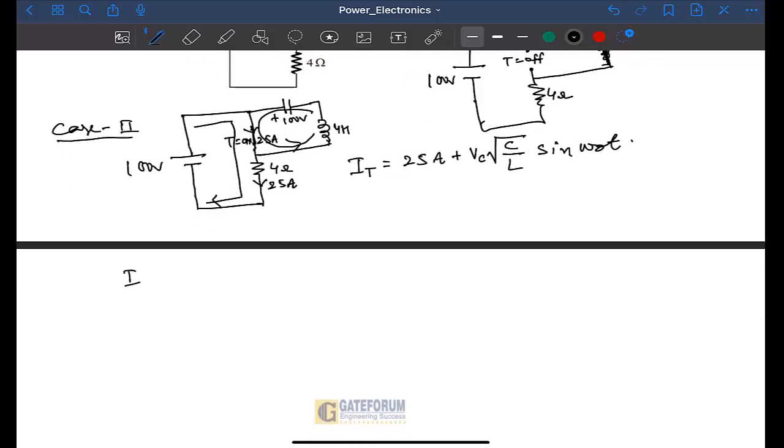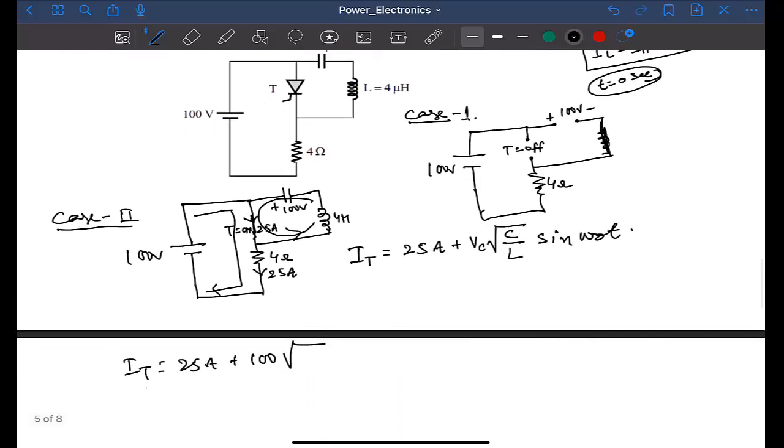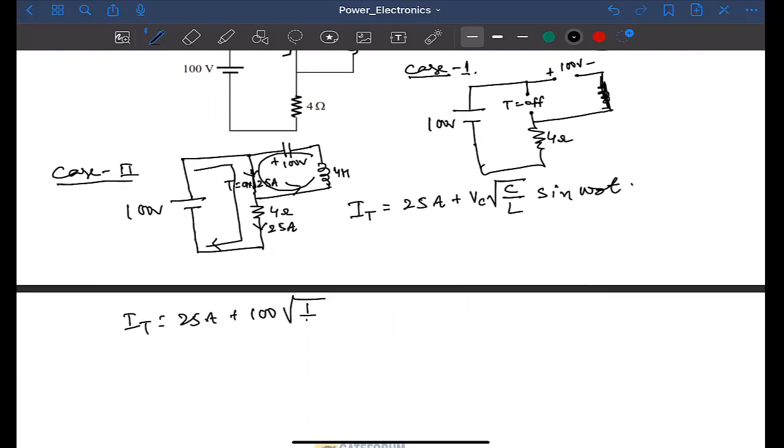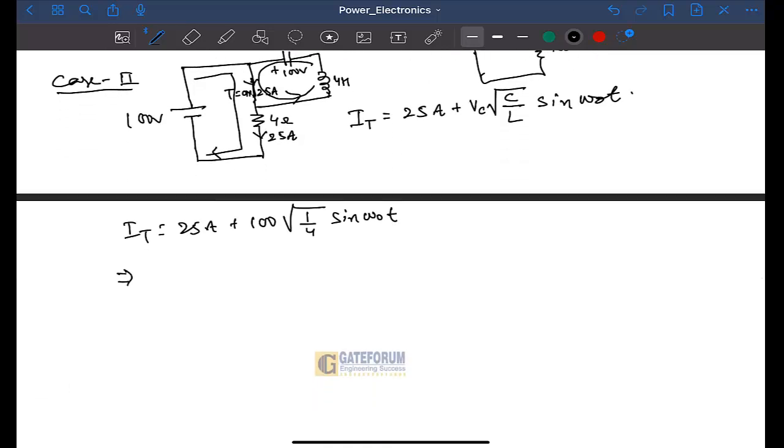So total current is 25 ampere plus VC 100 volt, and C is 1 microfarad and L is 4 microhenry. So this much is the current which will flow when your thyristor is turned on.